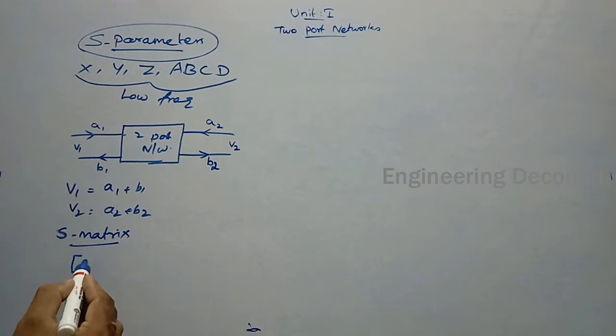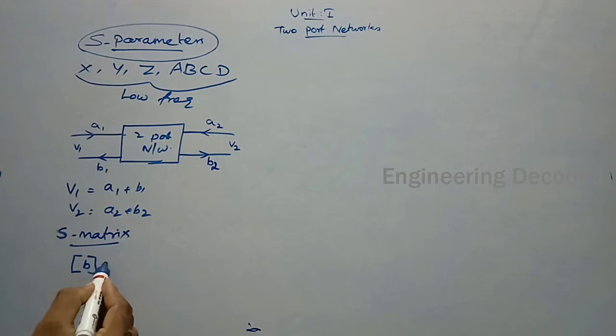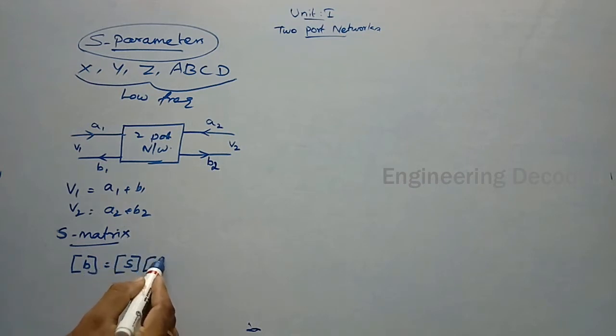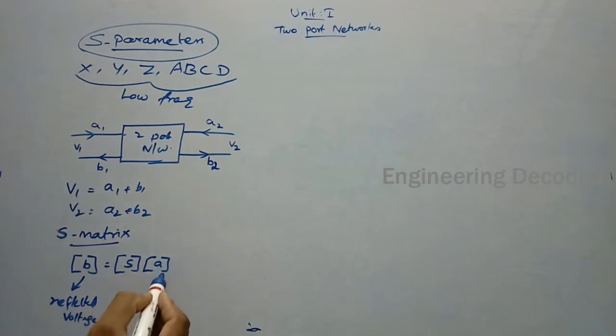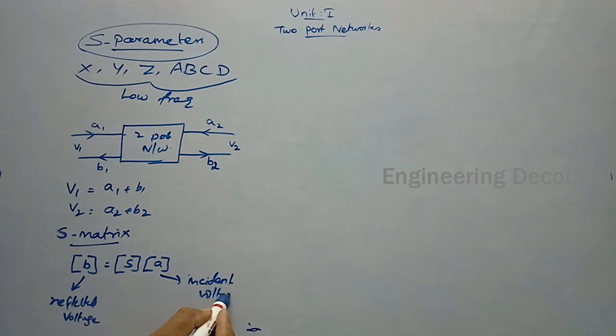The general S matrix is represented as B equal to S into A. Here B represents the reflected wave or the reflected voltage, A represents the incident voltage, and S represents the S parameters.